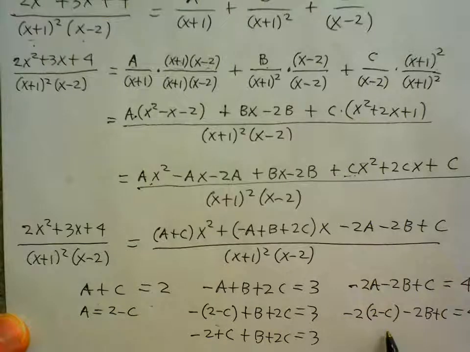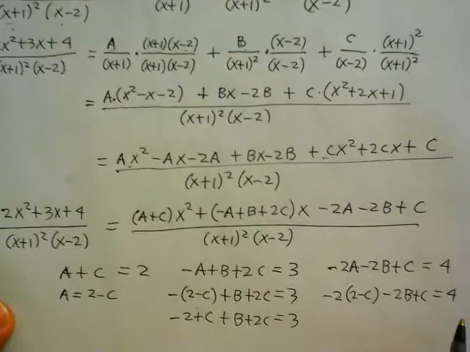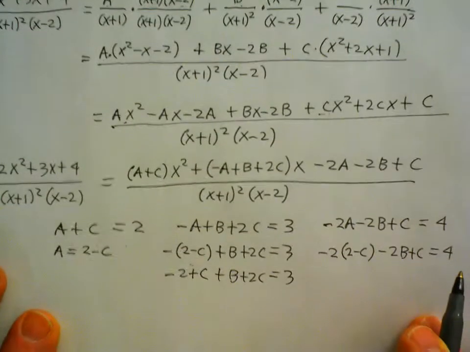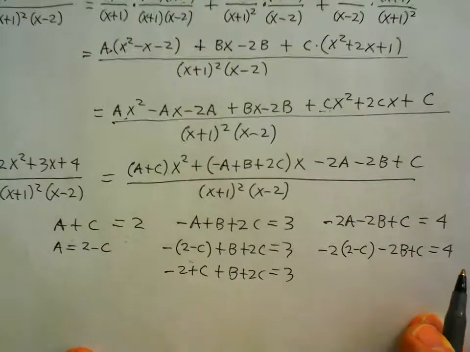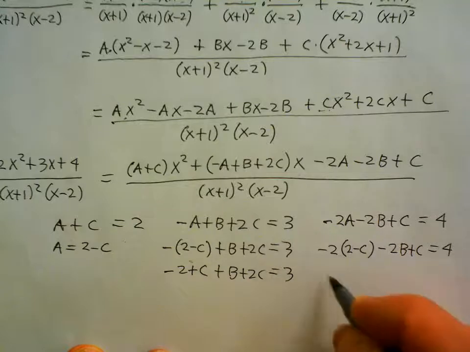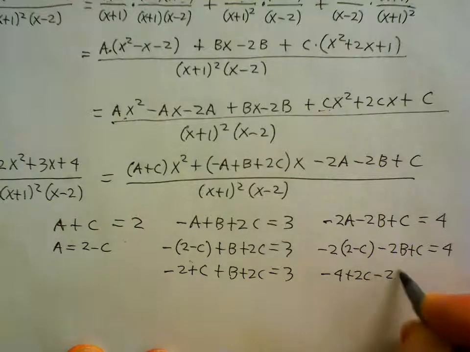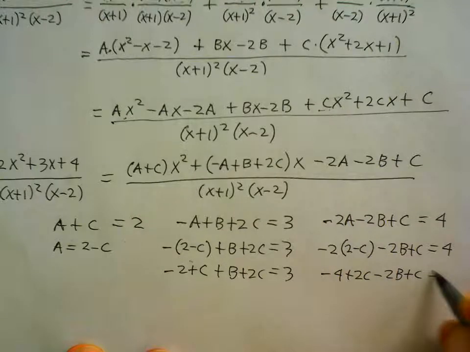The equation on the right. Get it so everyone can see it. Okay, then negative 2 times the quantity 2 minus C is negative 4 plus 2C minus 2B plus C equals 4.